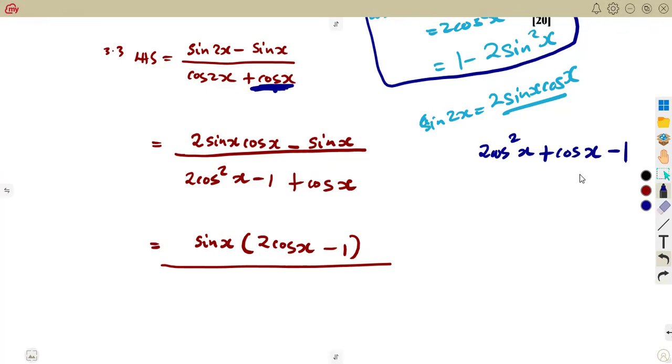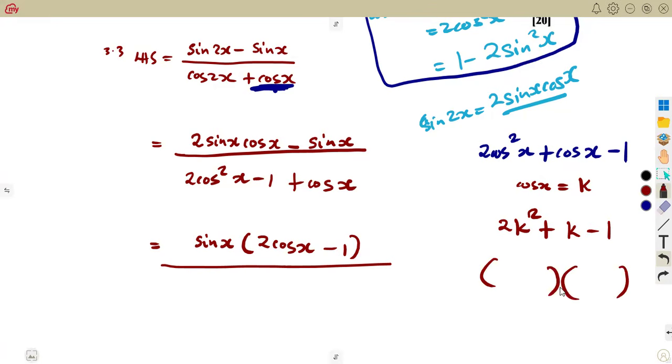So guys, you do factorize. It's either you're going to introduce the k, let the cos of x be equal to k here, and we have this one as 2k squared plus k minus 1. You use your factorization, guys. You are not limited. There are so many ways. Factorize here.